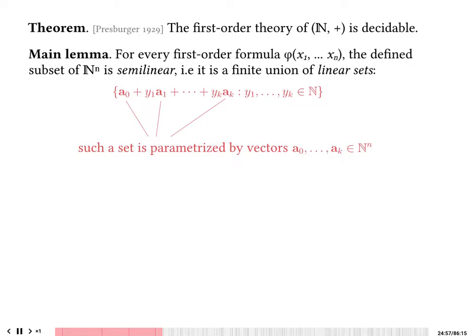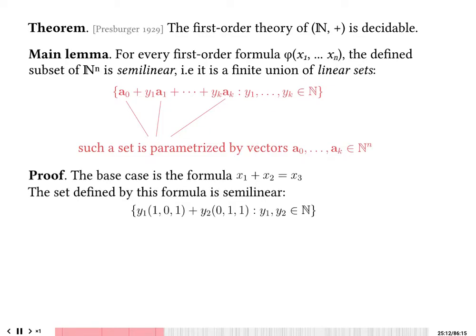Any such set, a basis plus a cone spanned by some vectors, is called a linear set, and a finite union of such sets is called semi-linear. What Presburger showed is that semi-linear sets are exactly those which can be defined in Presburger arithmetic.